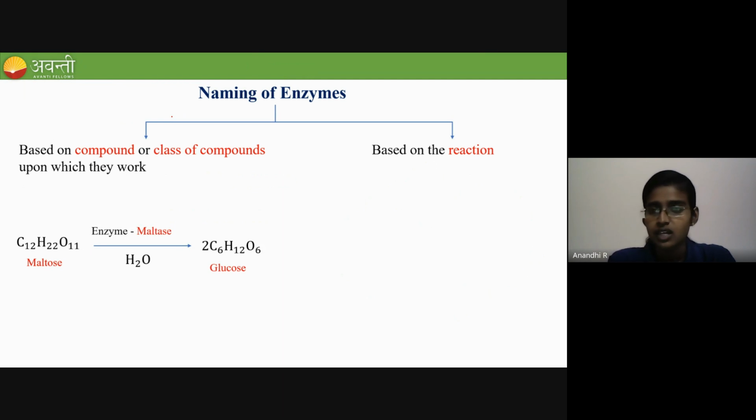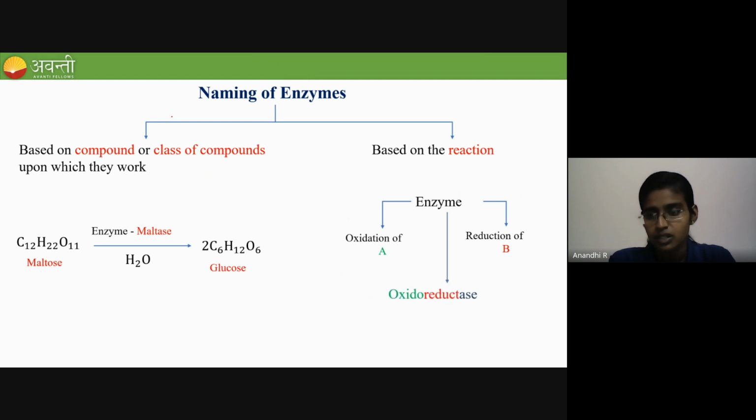Okay. Now coming to the reaction part. If an enzyme is doing both oxidation as well as reduction, that particular enzyme is called oxidoreductase. This is based on the name or type of the reaction.